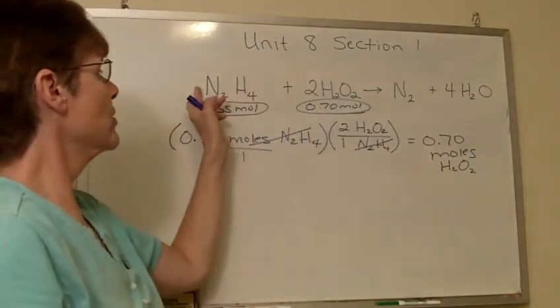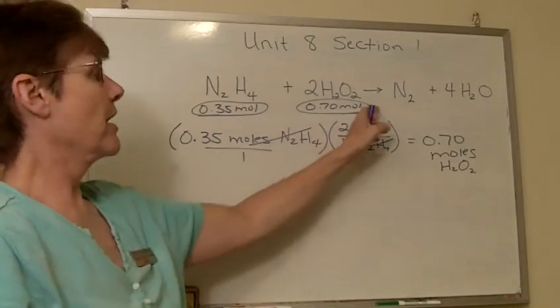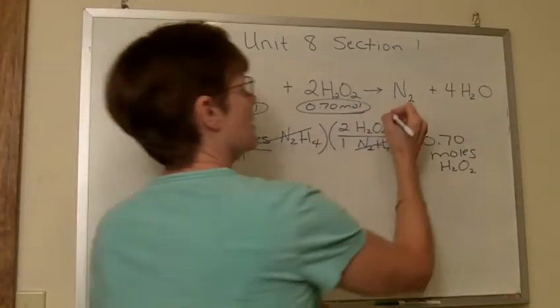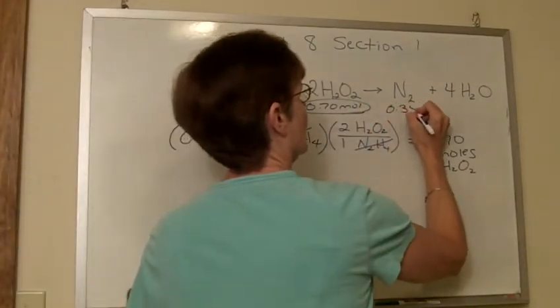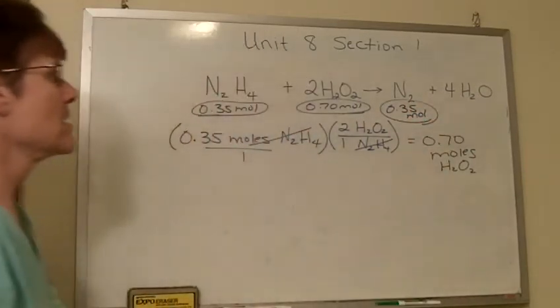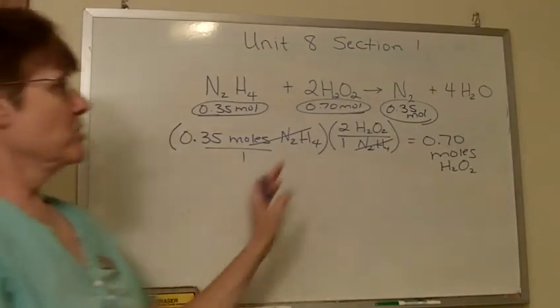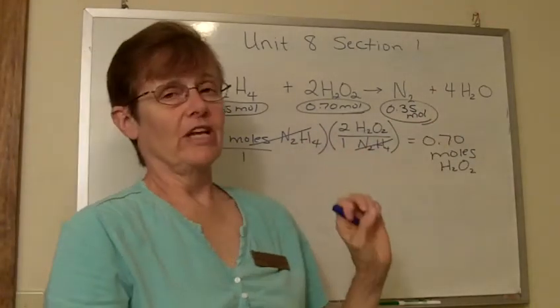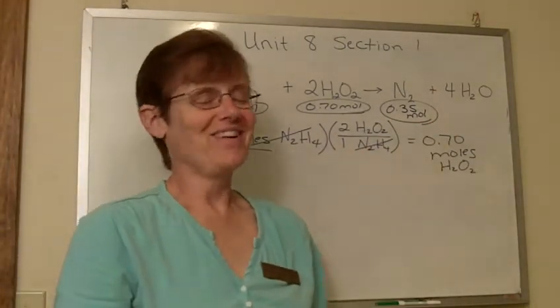They're in a 1-to-1 ratio, so therefore I would expect 0.35 moles to be produced if this reaction happened. Now this one, we might as well just do the math, so for a little extra practice, though I'm sure you can do this in your head.